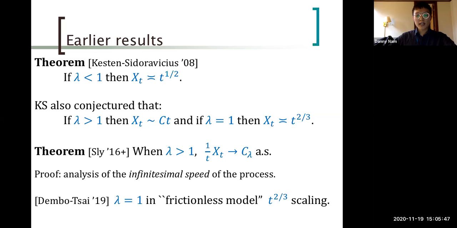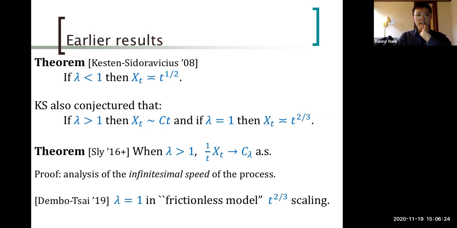Also, Dembo and Tsai studied a variant of MDLA, which they call a frictionless model, in the critical case, and they were able to establish t to the 2/3 scaling. By frictionless model, they allow the aggregate to grow multiple steps at a time so that the length of the aggregate always equals the total number of particles that have been absorbed so far. That flux condition guarantees some sort of nice monotonicity in the model. By utilizing that, they were able to get to the t to the 2/3 scaling.